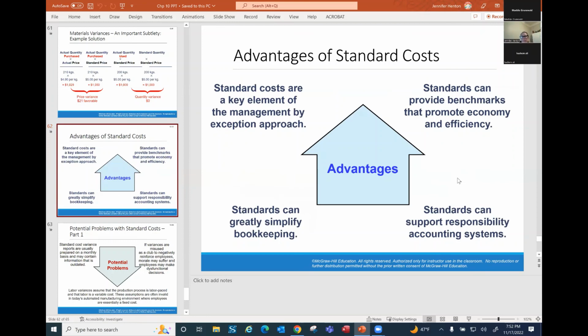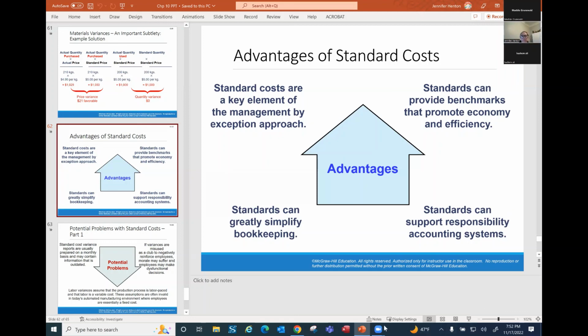So it could be good using the standard costs, especially when you're doing the bookkeeping, because then you have that rate that you're using throughout, and then you can compare at the end of a period and see what the actual costs were versus what you were estimating, and then you can make an entry at that point to clear off those variances.